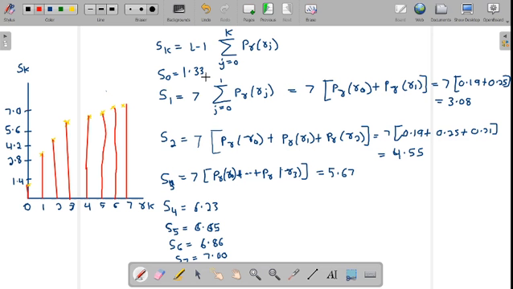So you need to round off the values. S naught is 1.33, so you write this as 1.